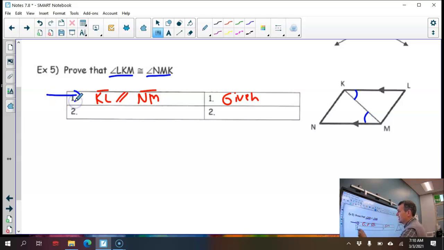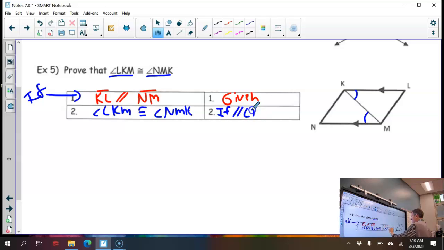Well, I have the if right here. If this is true, and it was given, then angle LKM is congruent to angle NMK. And I like to write: if parallel lines, then alternate interior angles congruent. That is known as the alternate interior angles theorem.